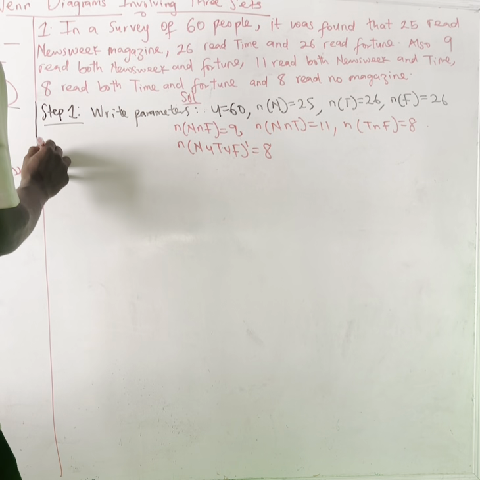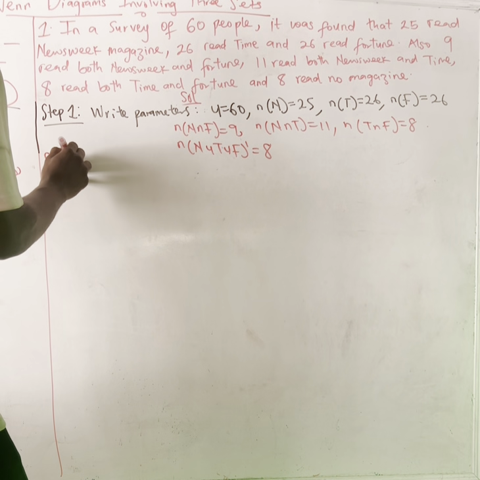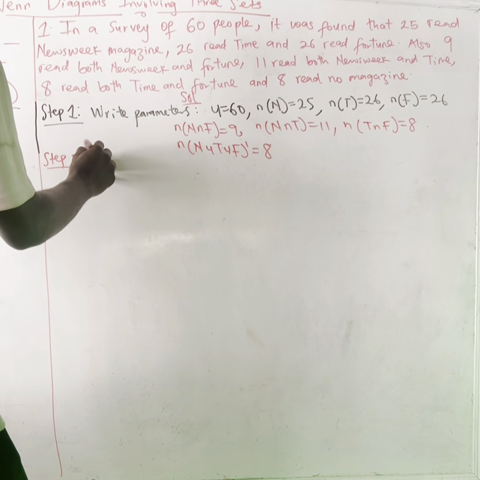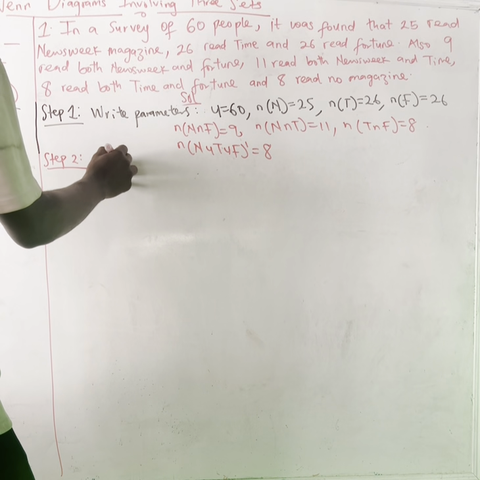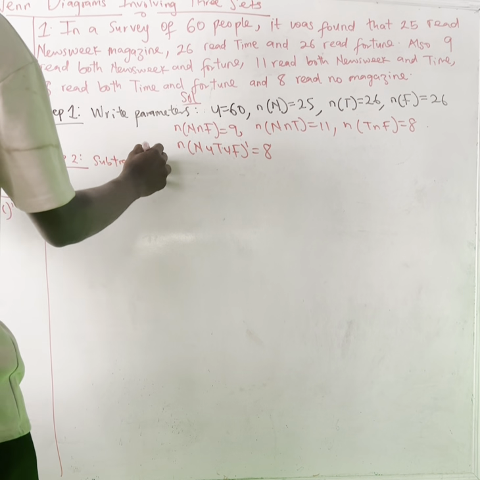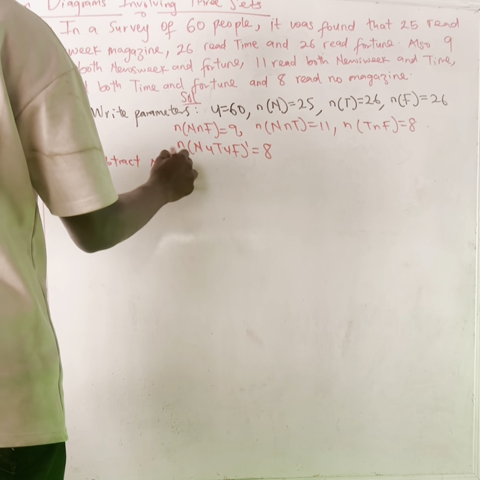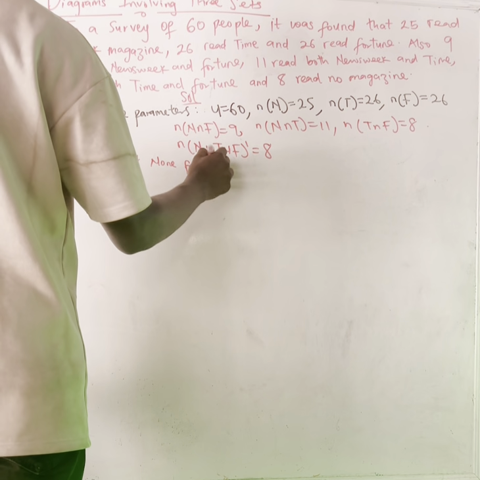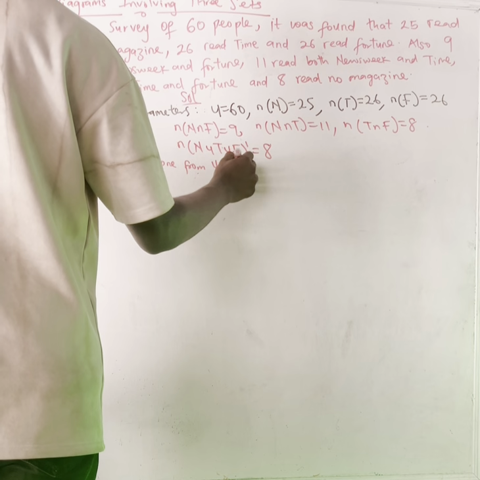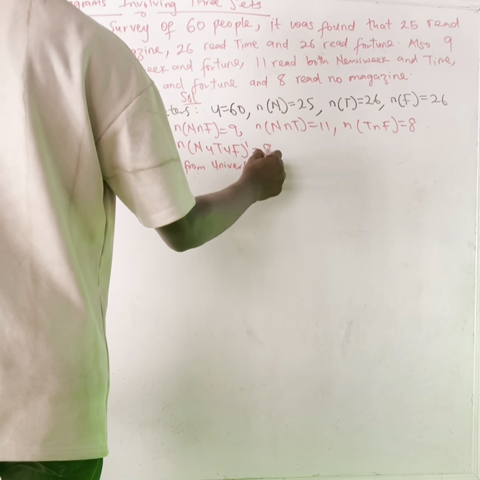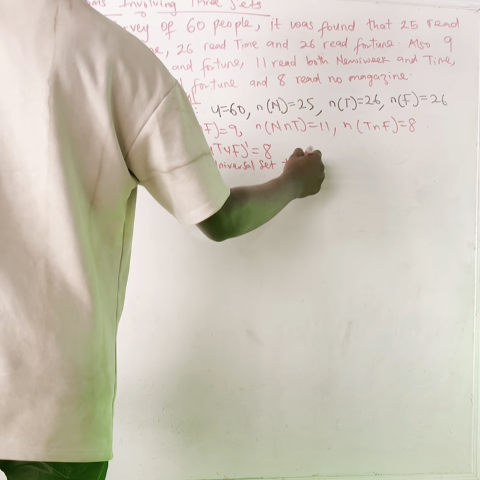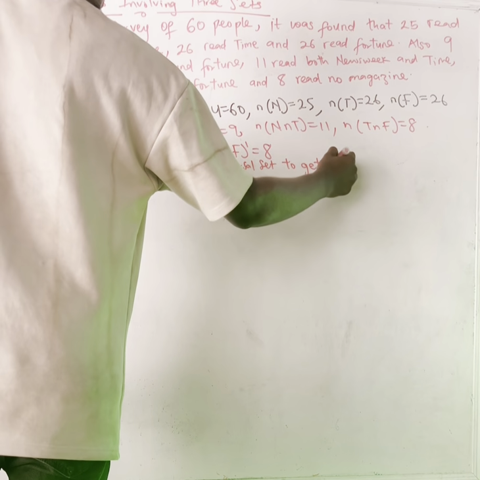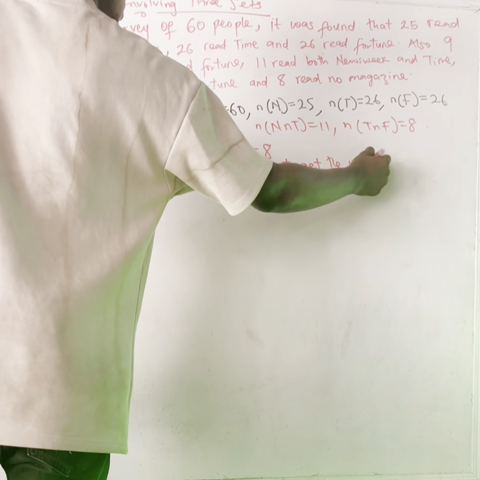Then step 2: subtract none from the universal set to get the union.